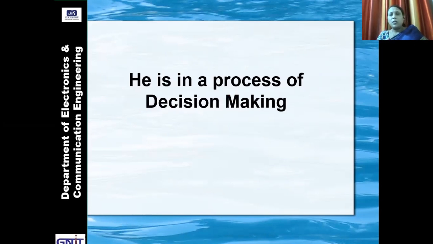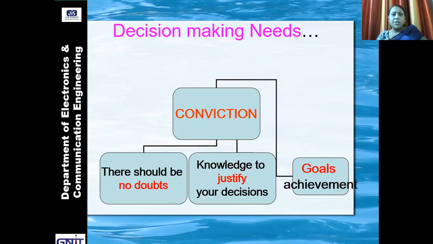First, he or she has to frame a process of decision making. This is a very vital point of research, that is decision making. So, decision making needs conviction. What is conviction? Conviction can be justified as there should be no doubt.